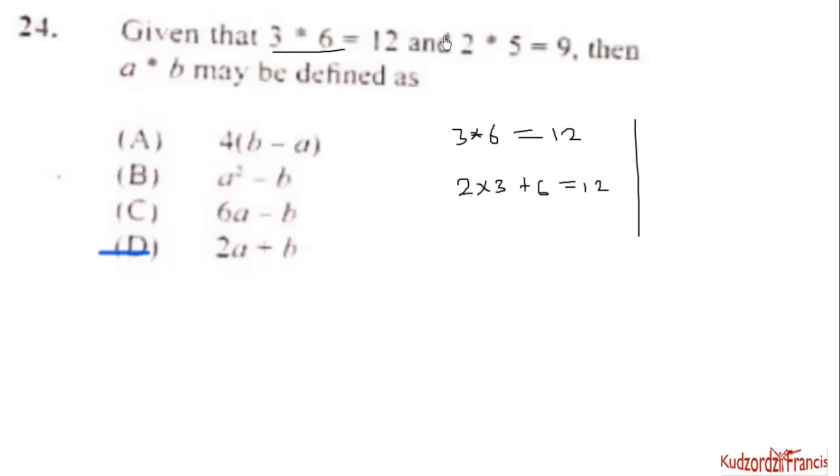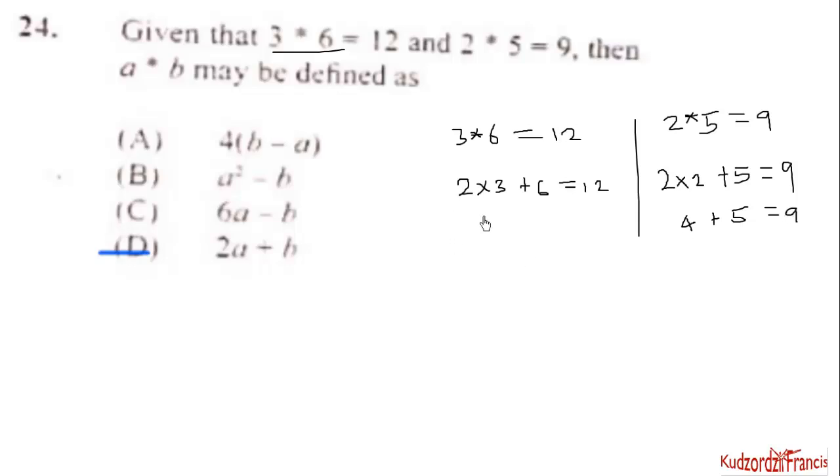So let's look at this one too. 2 star 5 is equal to 9. So how will you operate this? We need to maintain the same thing that we did here. So 2 times the first number, which is 2, plus 5 will be equal to 9, because 2 times 2 is 4, 4 plus 5 is equal to 9.